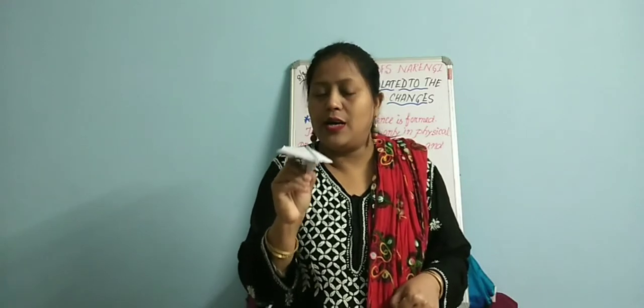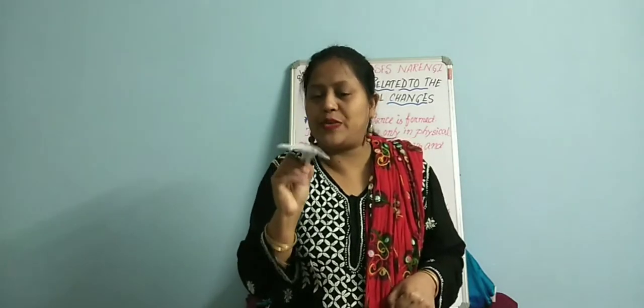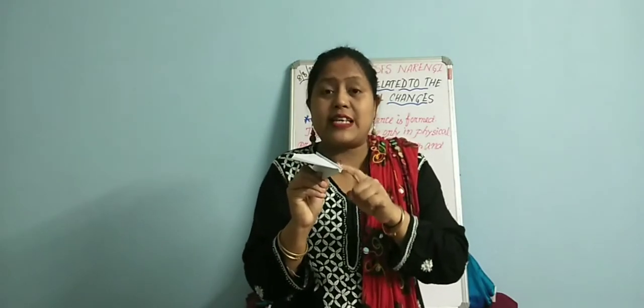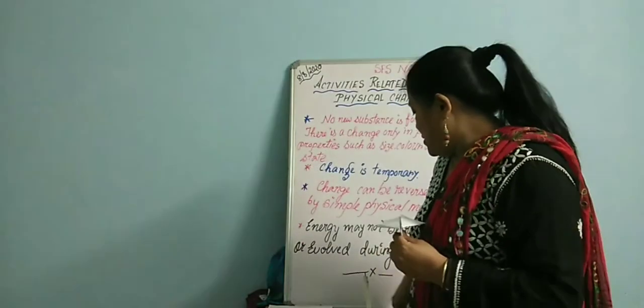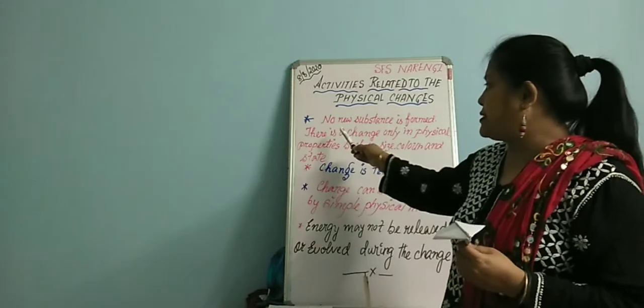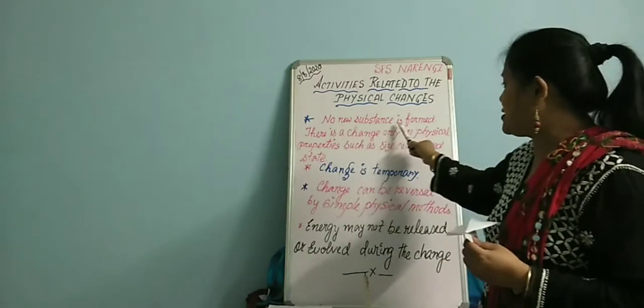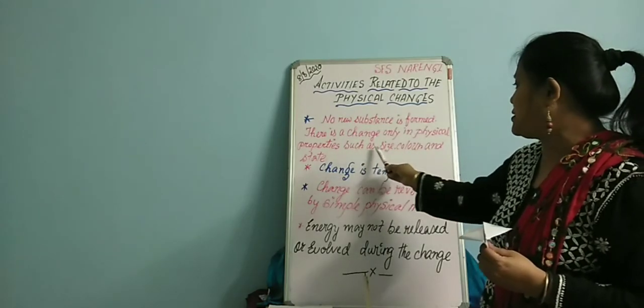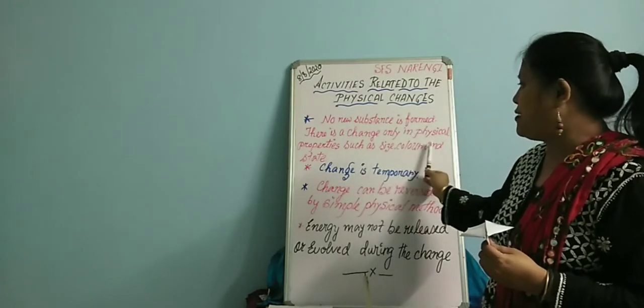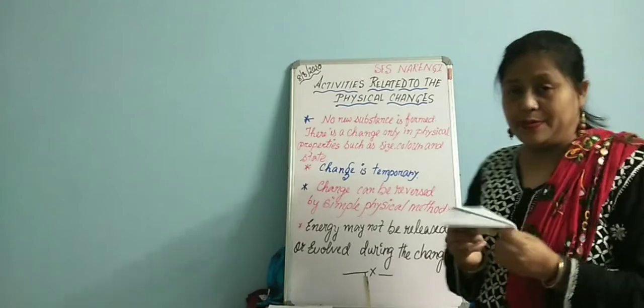Now let us look at whether this activity satisfies all those properties. So let's start with the first property. It states that no new substance is formed. There is a change only in the physical properties such as size, color and state.